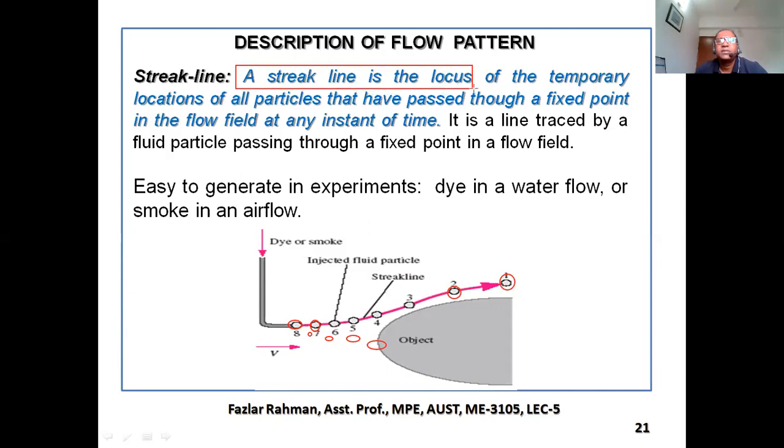is the locus of the temporary locations of all particles that have passed through a fixed point in the flow field at any instant of time. So how do you see it over here? All the fluid elements are passing through a fixed point.